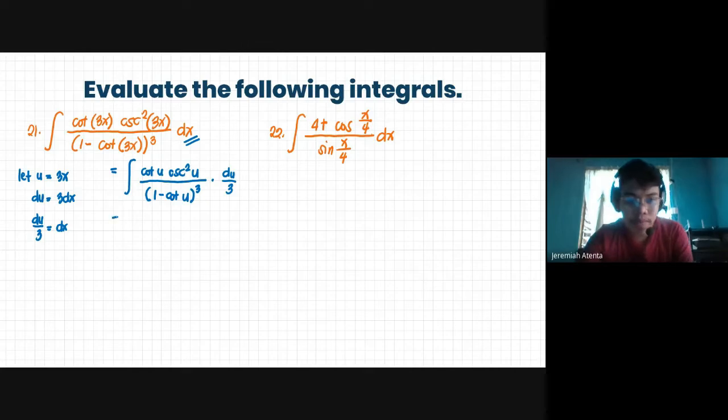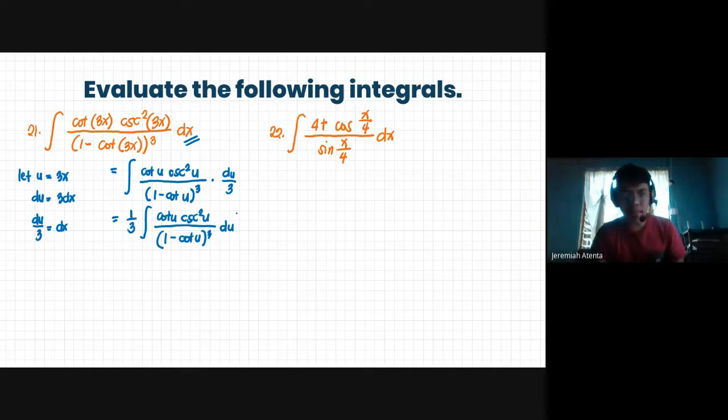So this will become 1/3 of the integral, okay, of cotangent u cosecant squared u, okay, all over 1 minus cotangent u to the power of 3 du.